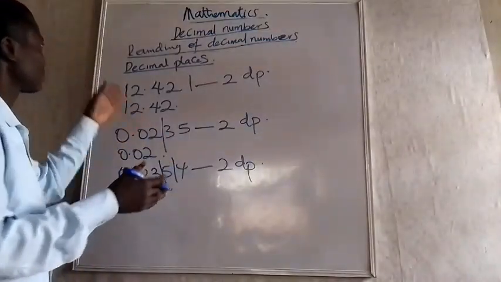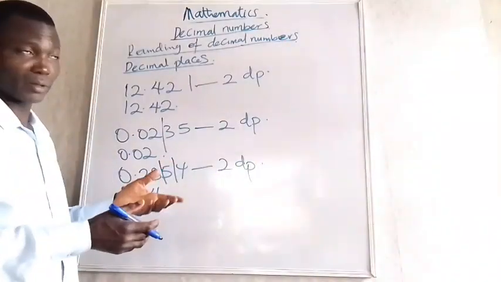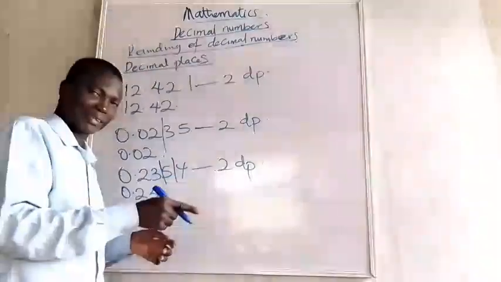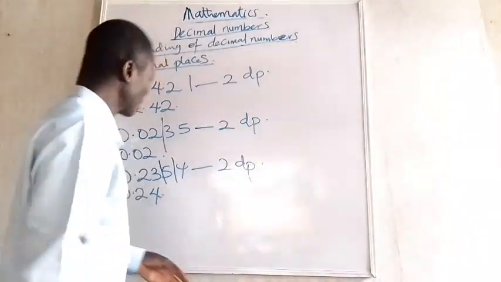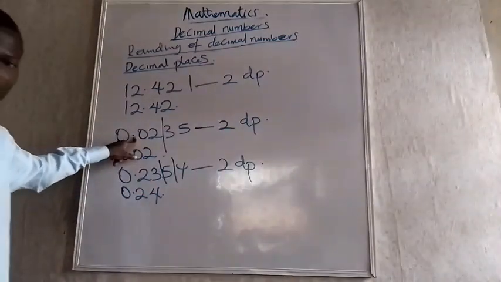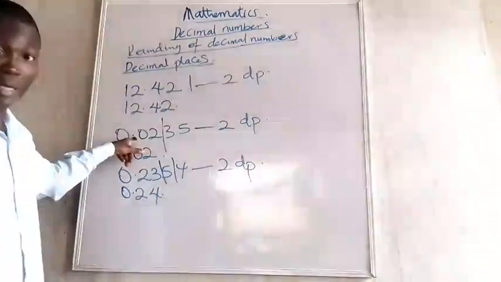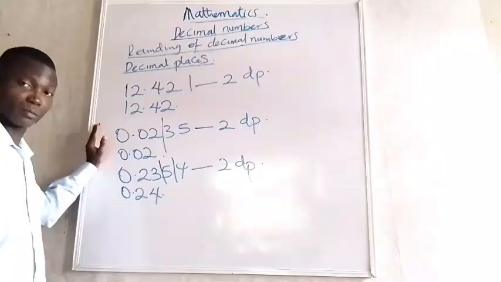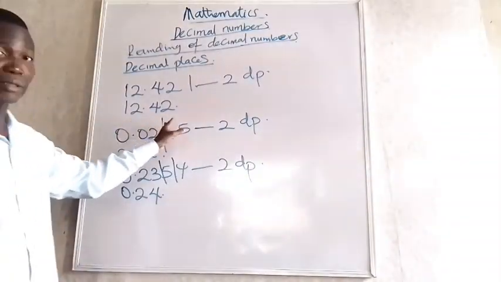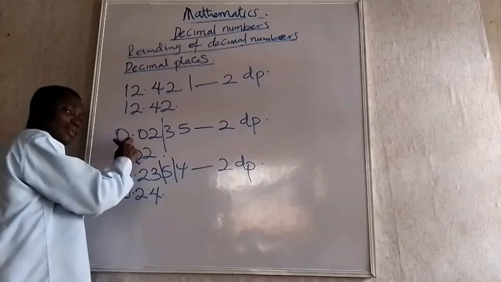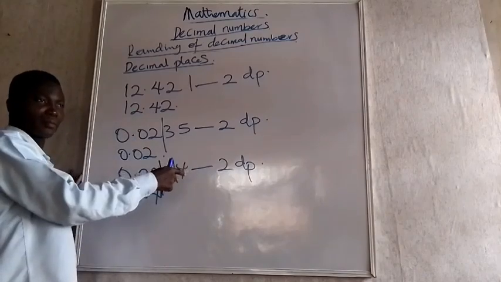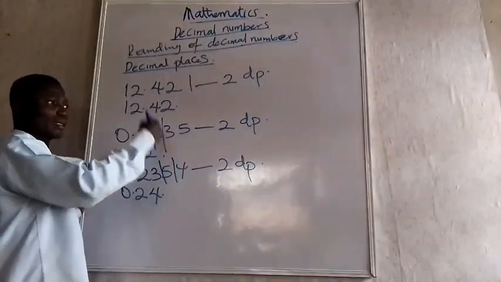That figure that starts it is what will determine where you stop. But for decimal places, the decimal point determines where you start counting from and where it will end.